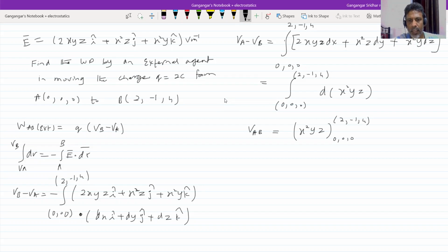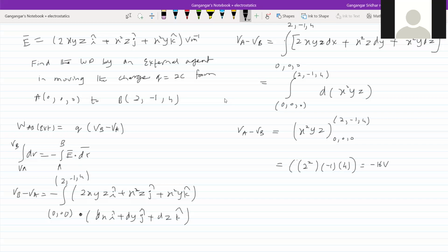What you get is the potential difference VA minus VB. So substitute the limit now. This will be 2 square into minus 1 into 4, so this will be minus 16 volt. 16 volts, sir? 16, 1, 6.